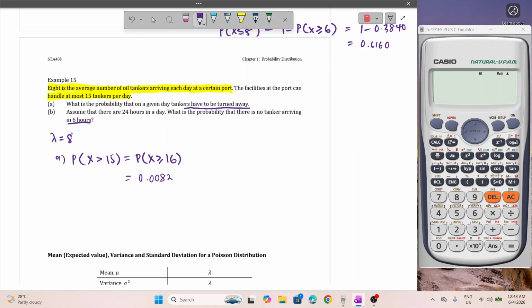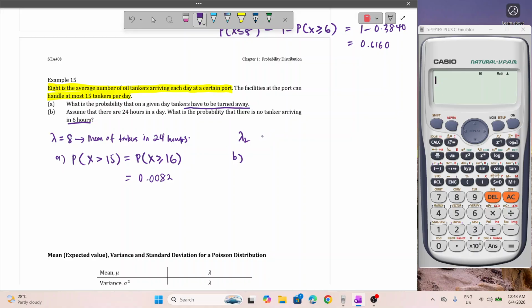So this is the mean of tankers in a day, or in 24 hours. So to answer question B, you need to find a new mean when it is 6 hours.